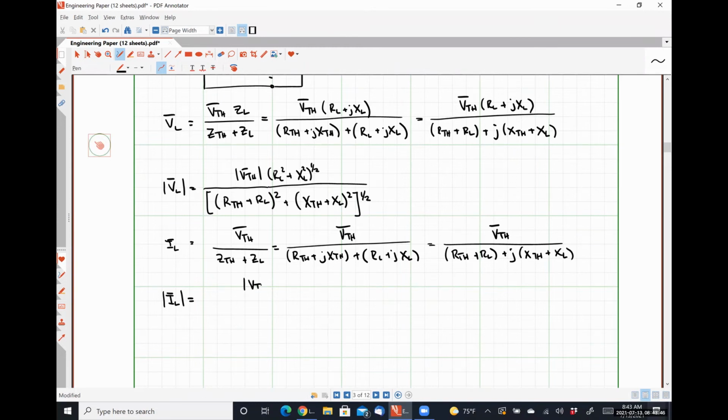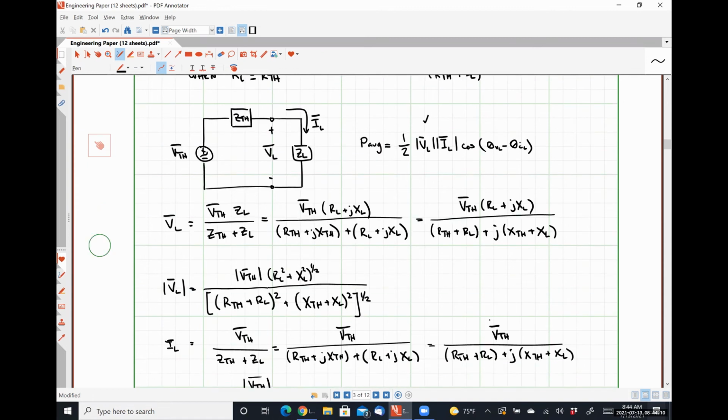So the magnitude of VTH divided by RTH plus RL quantity squared plus XTH plus XL quantity squared, this whole thing square rooted. And so we have figured out this guy.